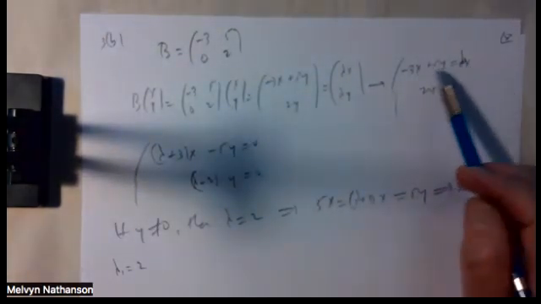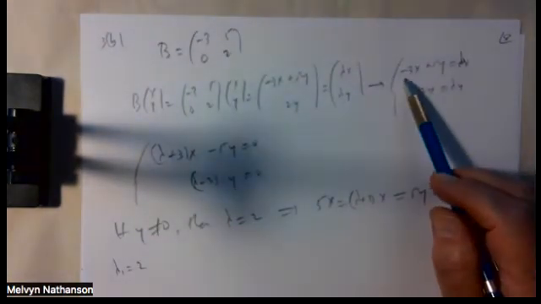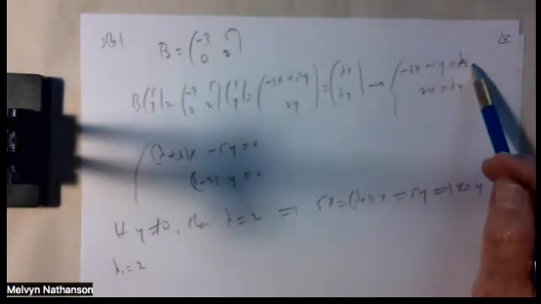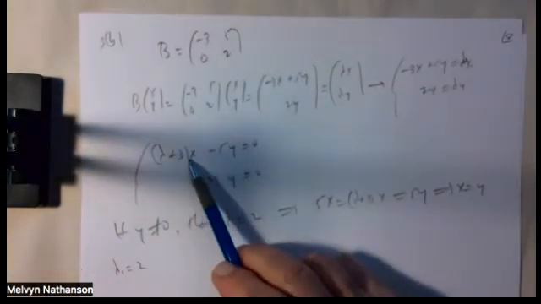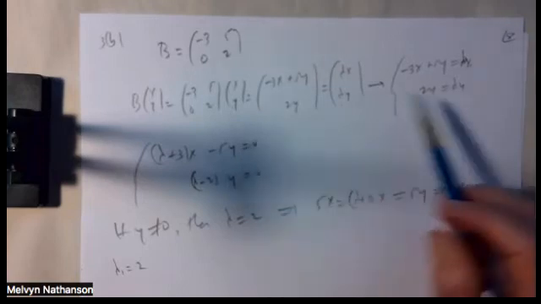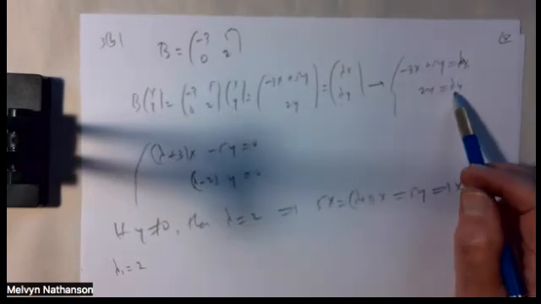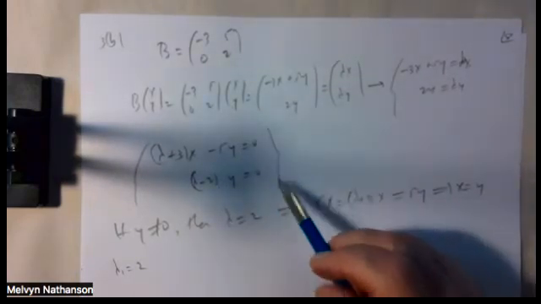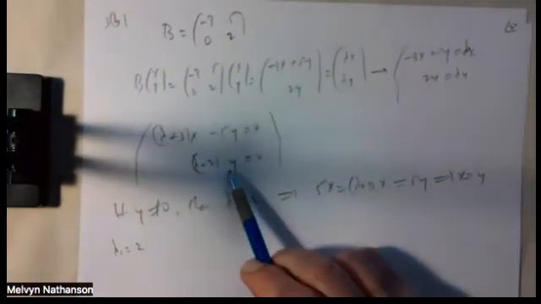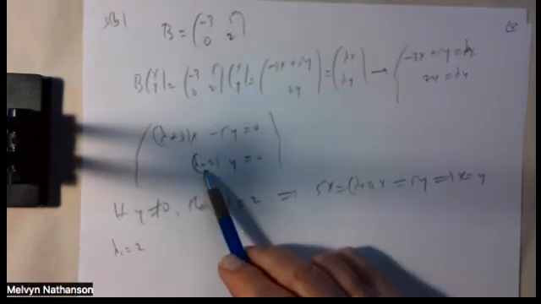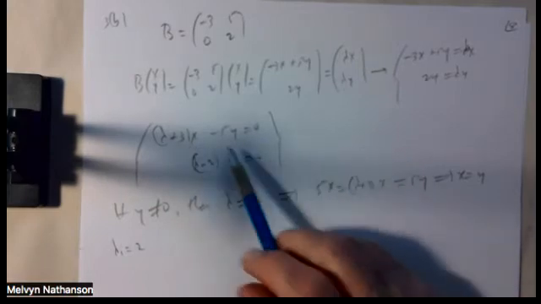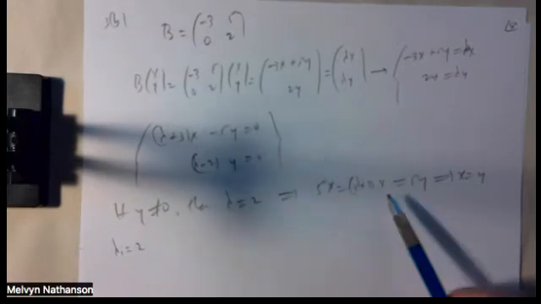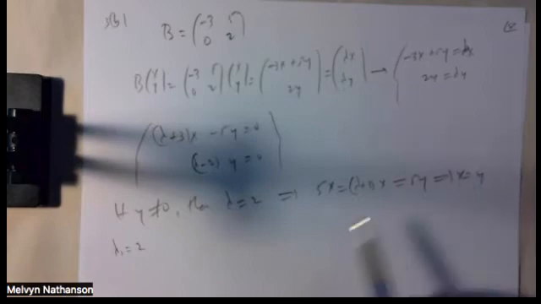Which is the same as solving these two equations. Minus 3x plus 5y is lambda x. This equation is the same as lambda plus 3 x minus 5y equals 0. This equation is the same as lambda minus 2 times y equals 0. Now, if y is different from 0, then lambda must equal 2. And if lambda equals 2, this says 5x equals 5y, or x equals y.